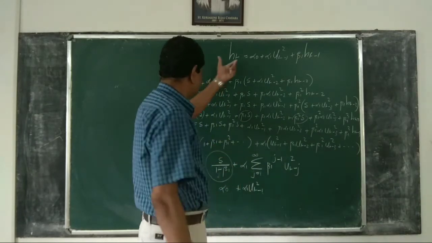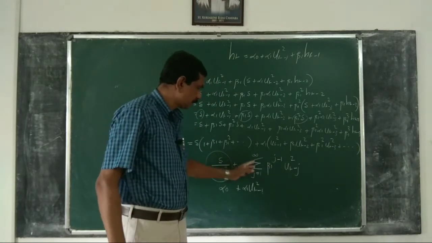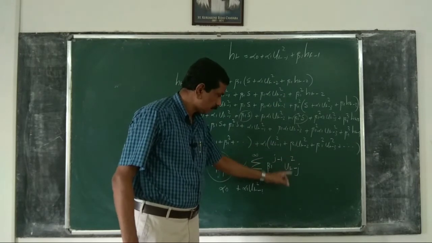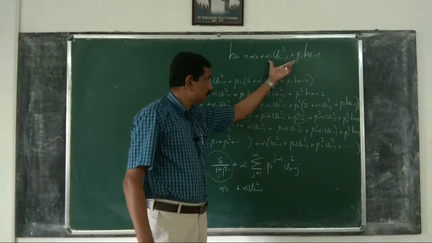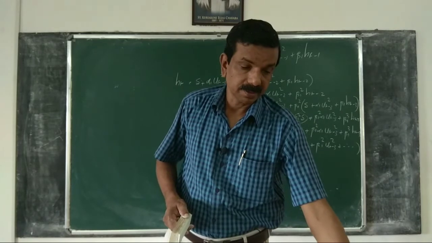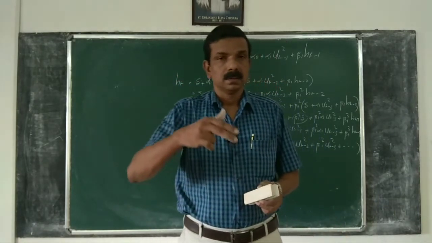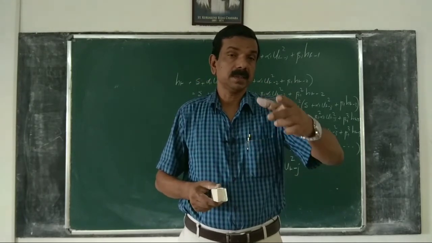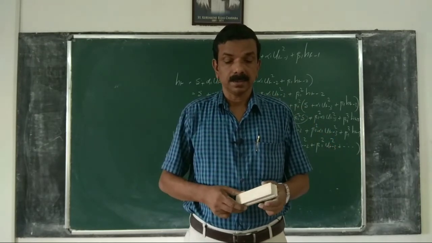And by substitution, you will get ht as a function of ut minus 1 square, ut minus 2 square, ut minus 3 square, etc. So this is more parsimonious in the sense that we can estimate a GARCH 1-1 with 3 parameters instead of estimating an ARCH q with q plus 1 parameters.